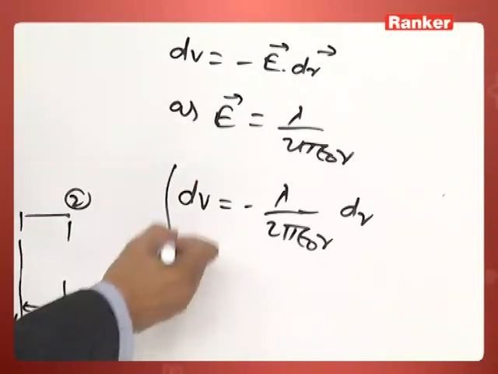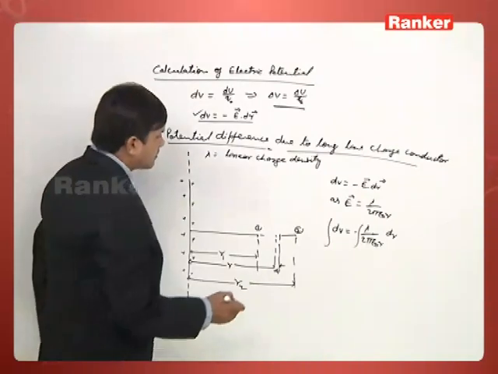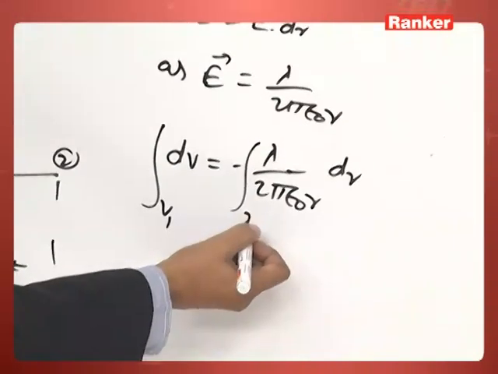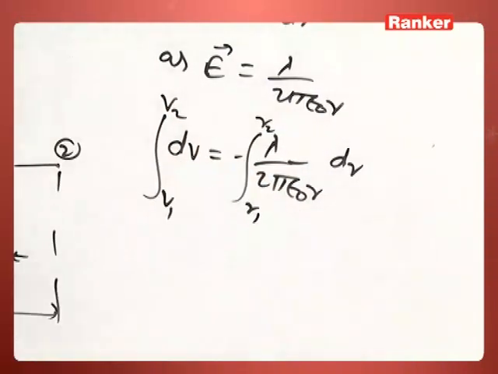Now integrate. So we are moving from 1 to 2. 1 means potential at R1, 2 means potential at point 2, R2.